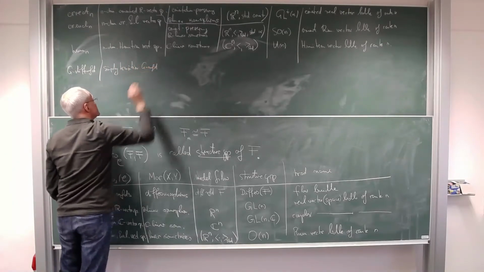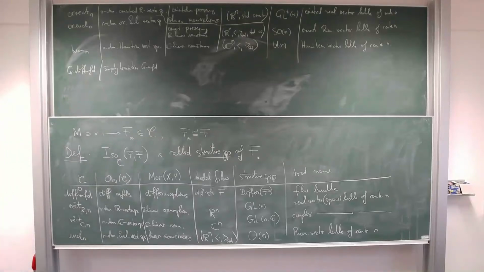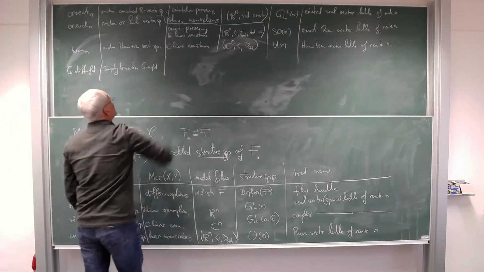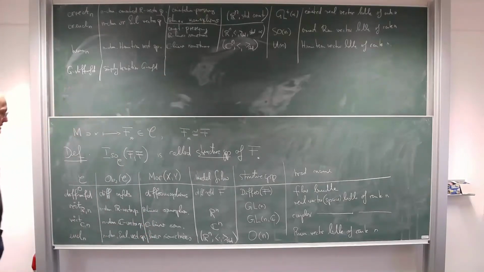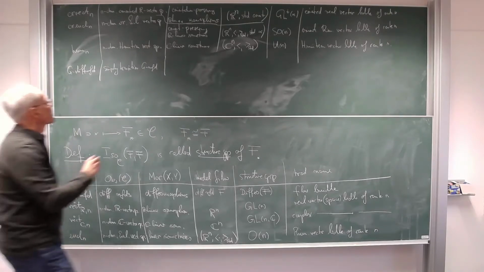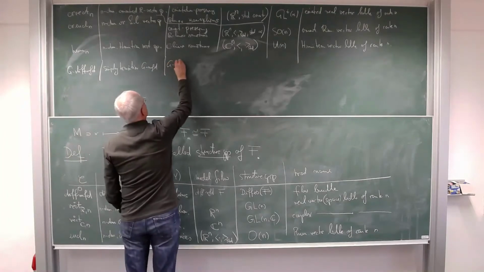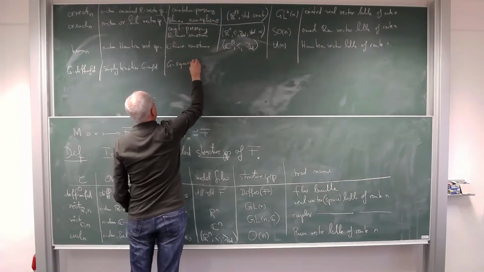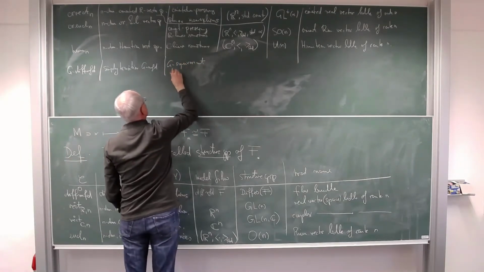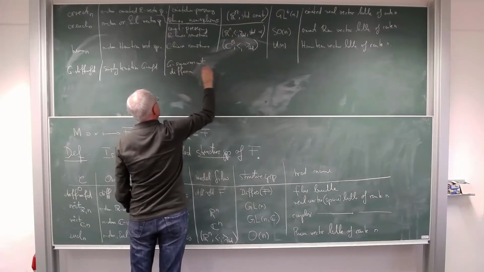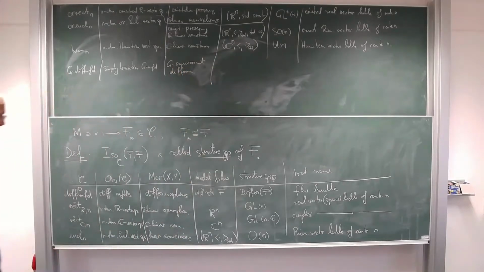So remember, this means we have a manifold and the group acts on the manifold in a smooth manner, simply transitively. We discussed this last time. The morphisms in this category are now diffeomorphisms which commute with the G action. So one calls these G-equivariant diffeomorphisms. What's the structure group?